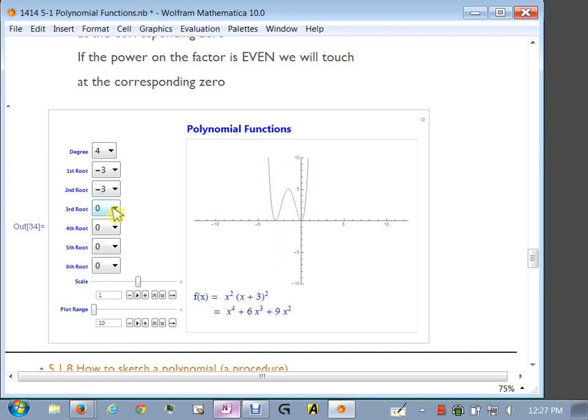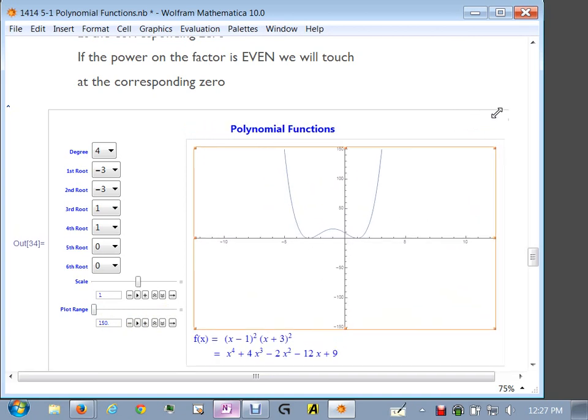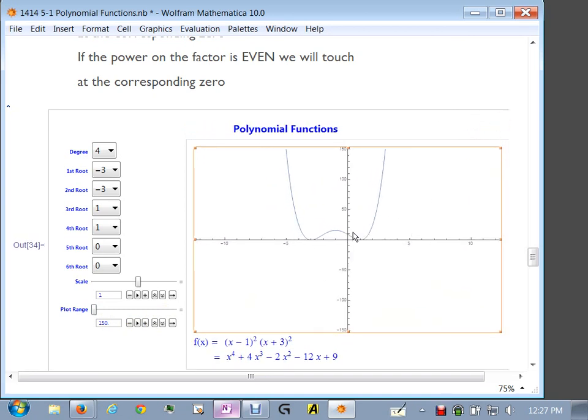Now the other zero was 1, but it was squared, so I do 2 of them. And if I do that, here's my picture. I think that's good enough. It's obvious from this picture that that 9, that y-intercept, was not the highest point, but again, I wouldn't take off for that. We can't tell that. But doesn't that look a lot like what we have? Yes? Okay, good.